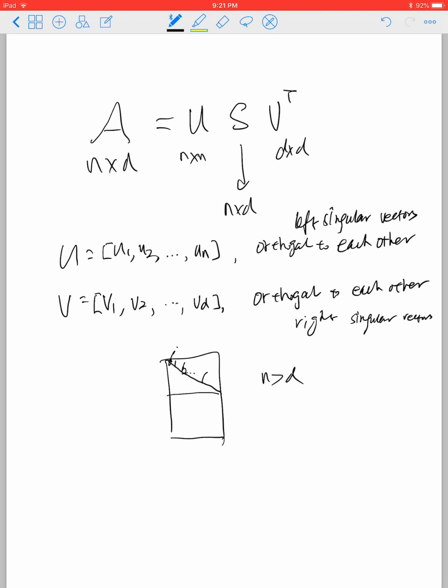Similarly, if you write V in terms of its columns, V1, V2, continuing to Vd, those columns are also orthogonal to each other. The columns of U are called left singular vectors, and the columns of V are called right singular vectors.